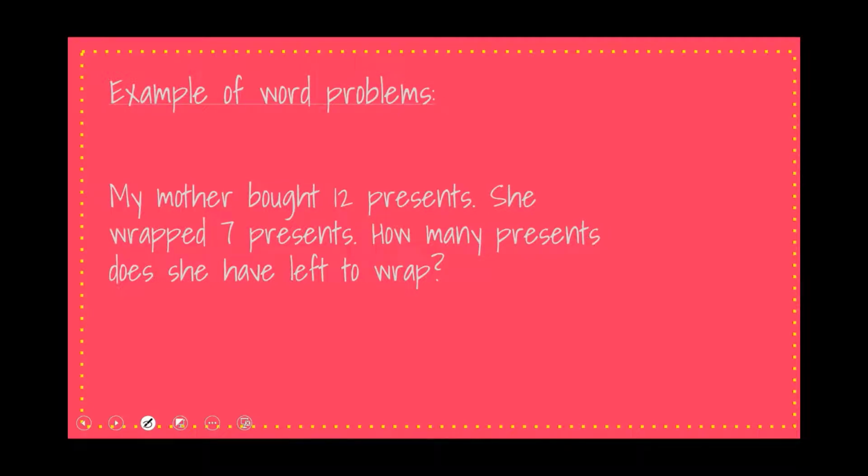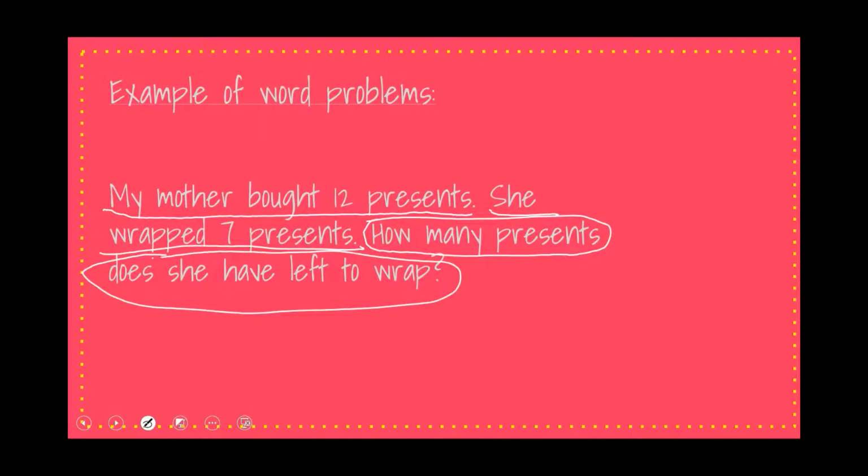They should have written two statements or two sentences and used a question. So did they? The first sentence is right here: My mother bought 12 presents. She wrapped 7 presents. That's the second sentence. And they used a question: How many presents does she have left to wrap?